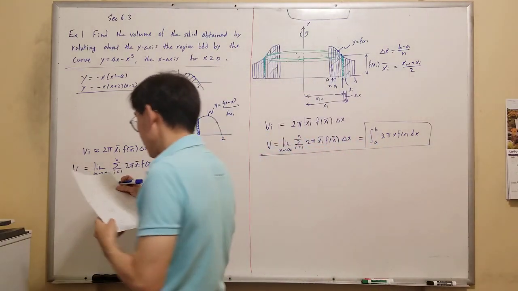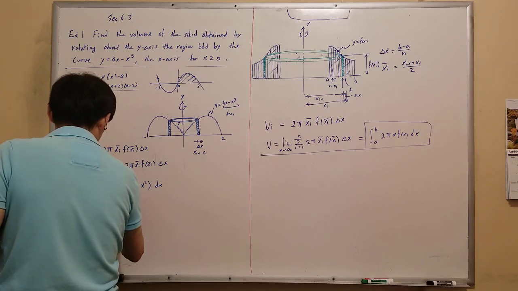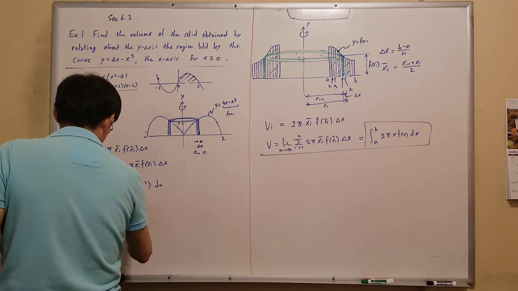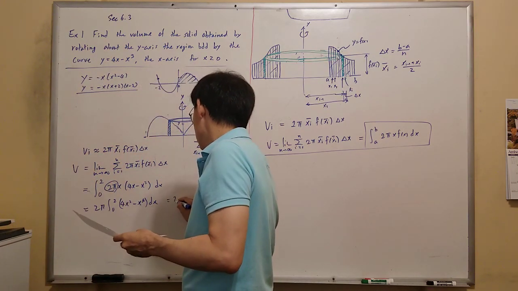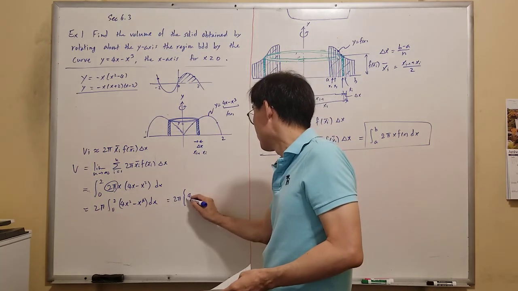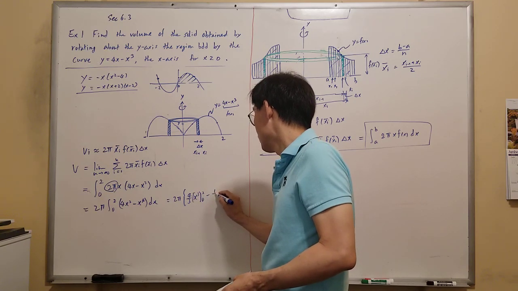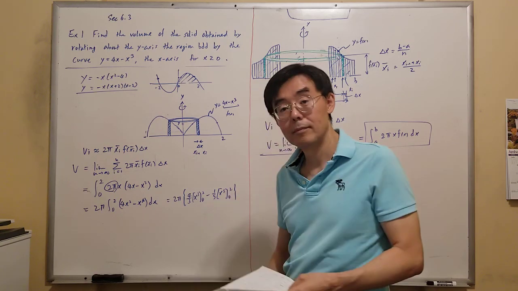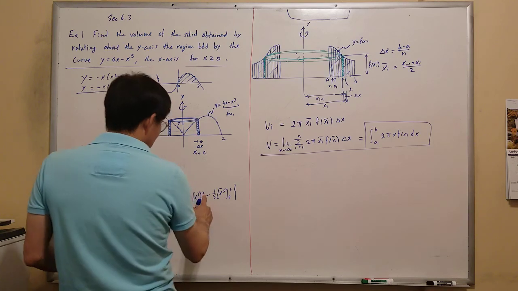Alright? So that is just 2 pi, parenthesis 0 to 2. 2 pi, take it out. 4x squared minus x to the 4th. Okay? 2 pi, the antiderivative of 4x is 4/3 x cubed from 0 to 2, minus 1 over 5 x to the 5th, 0 to 2. And 2 pi, parenthesis, 8.